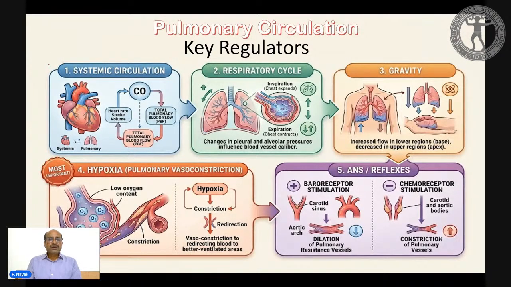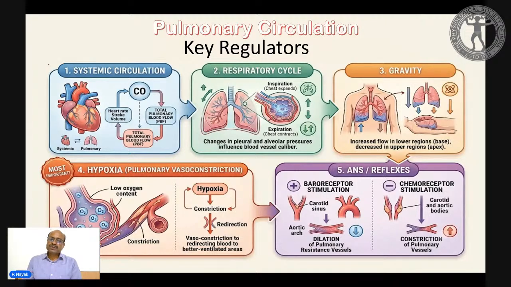The key regulators of pulmonary circulation: obviously the systemic circulation, whatever it gives, the pulmonary circulation has to take that. So cardiac output or the systemic circulation is the key regulator. Respiratory cycle is also important, so that sufficient time can be provided.